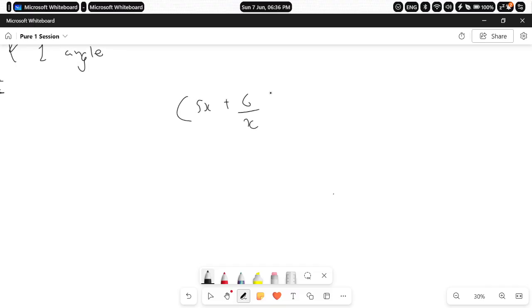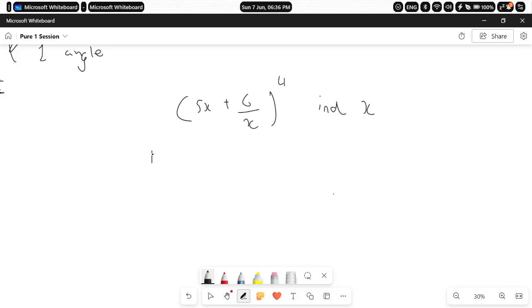Thank you. Okay, so a basic example is if you have 5x plus 6 over x raised to 4, for example, and they ask you to find the term that is independent of x. So you can kind of tell from this right away that it will happen.